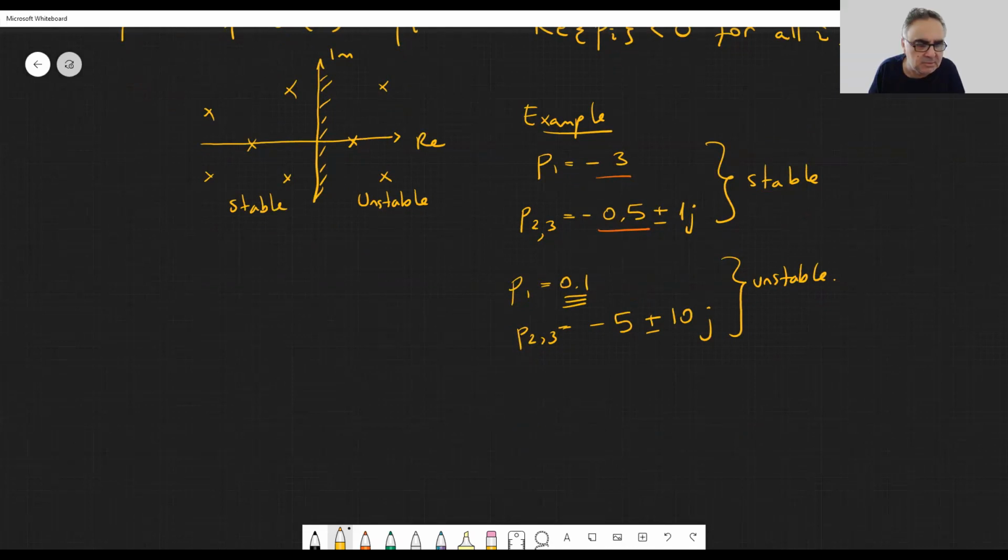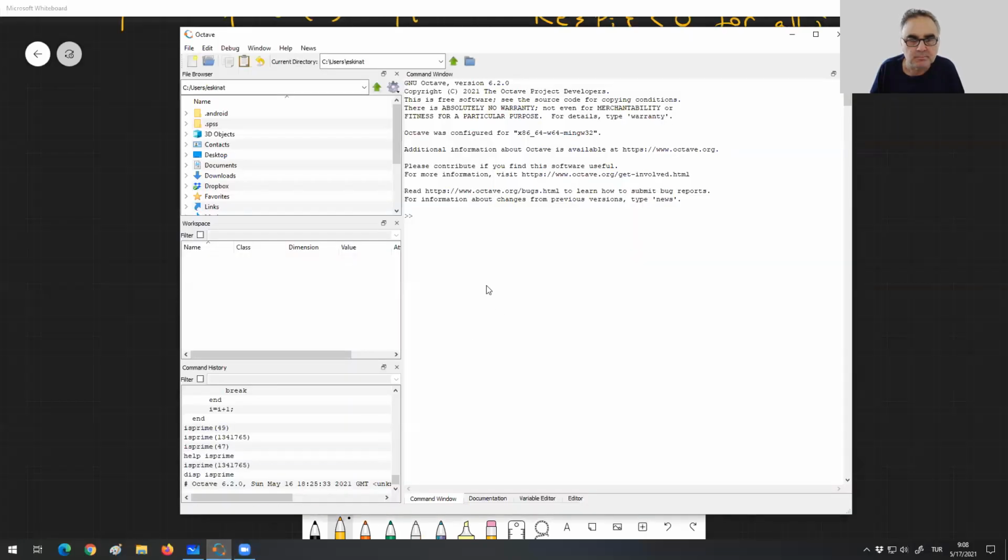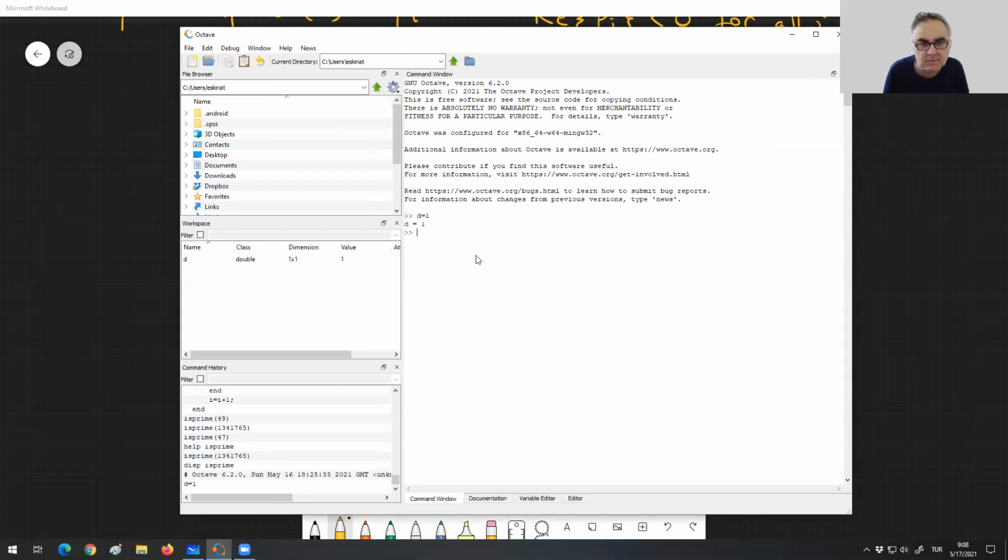Let me actually illustrate this using the Octave. I hope you can see it, right? So, for example, let's say that the numerator is 1.